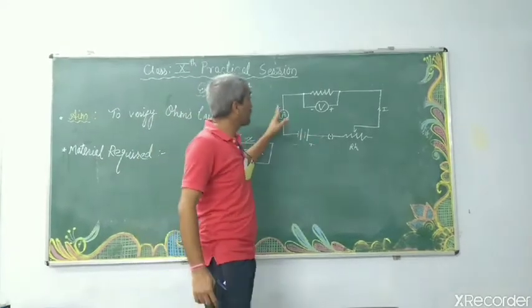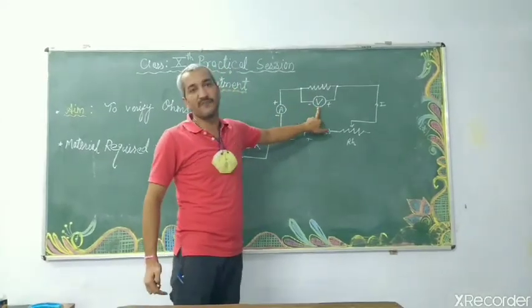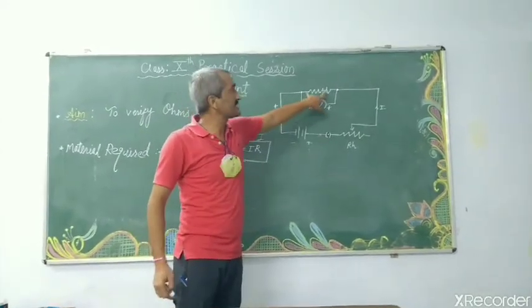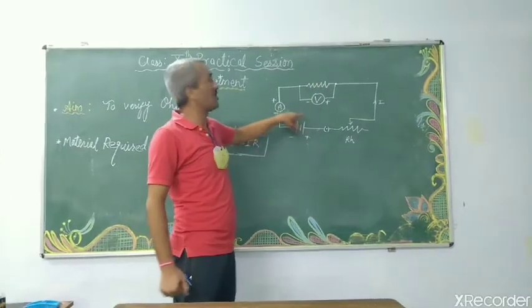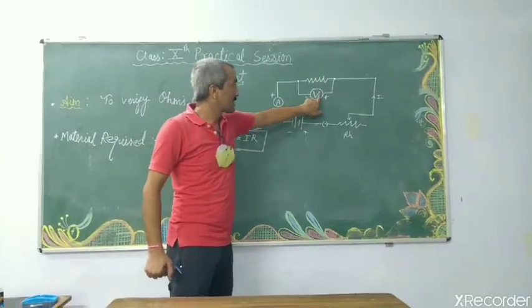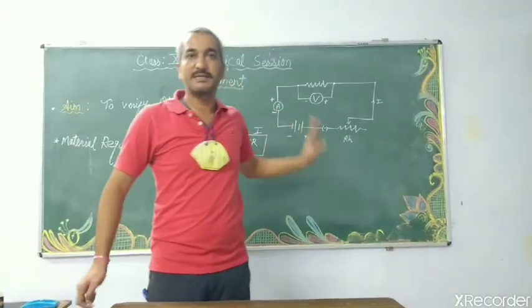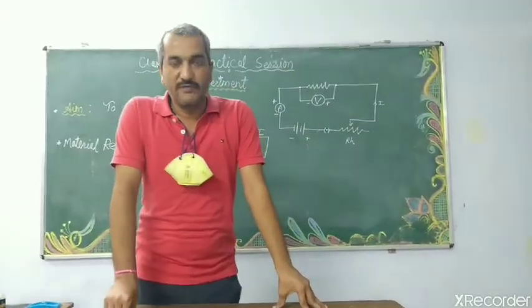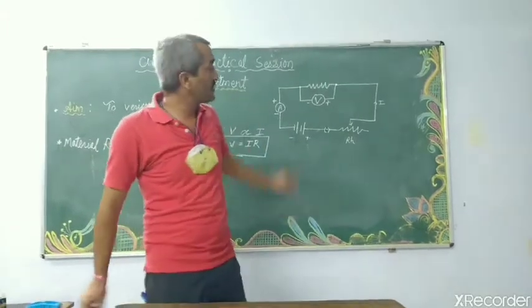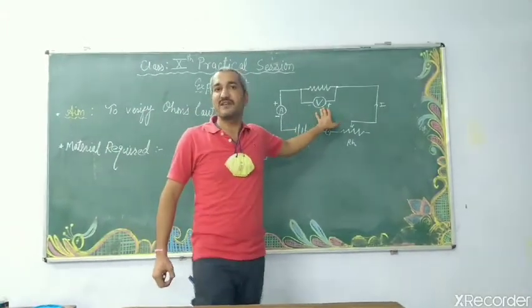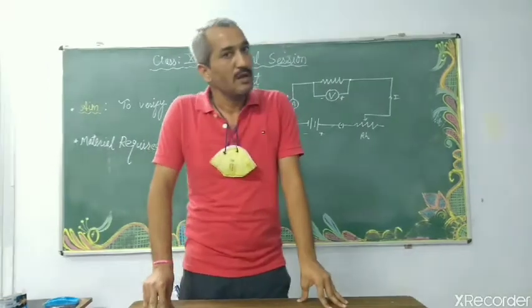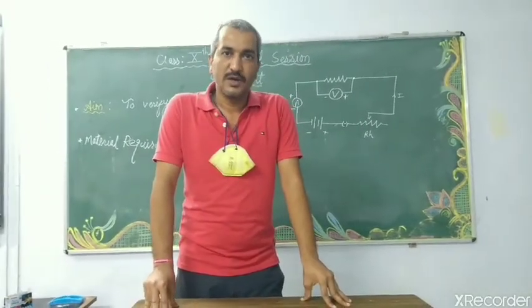In place of the rheostat, we can also take an electric battery whose potential difference can be altered. So that we change the amount of potential difference across this resistor, and then we will observe the readings of the voltmeter and the ammeter. You know, the ammeter gives the value of electric current, and the voltmeter gives the value of potential difference across the resistor. Got it?